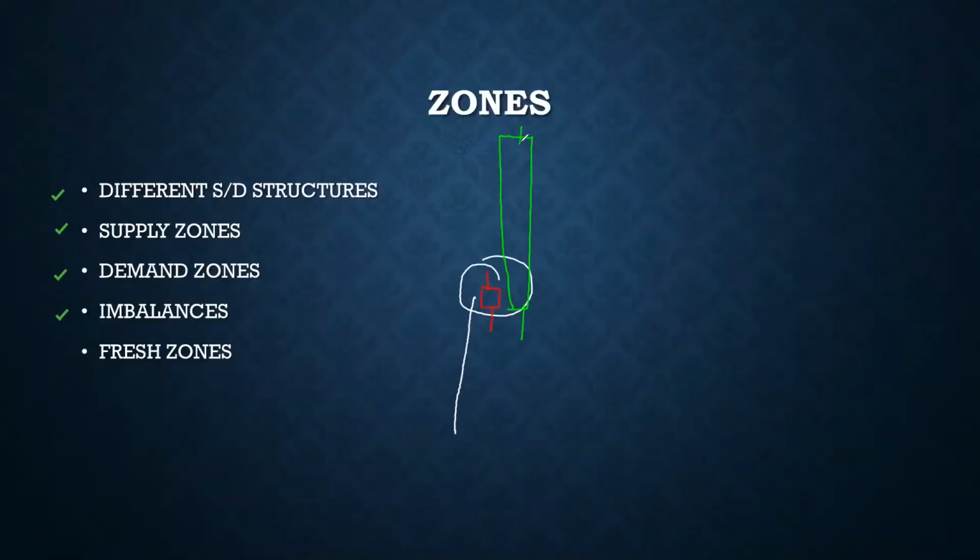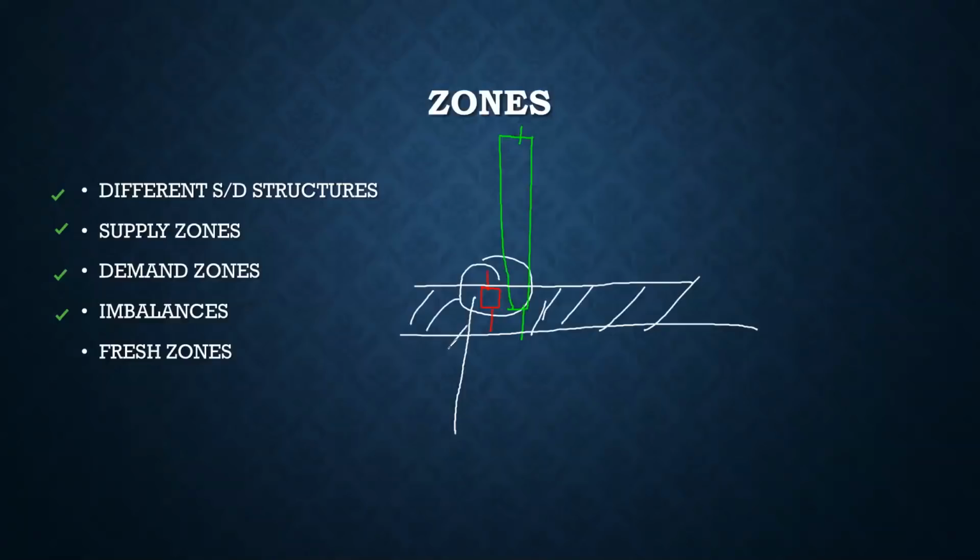Okay, so of course this is an imbalance in itself. This right here. But now we are on the 5 minute. So even if there is such an imbalance on the 5 minute like this, my rules tell me not to take the trade, because my strategy is basically trading the reversal zones. So of course this is an imbalance, but I won't take the trade.